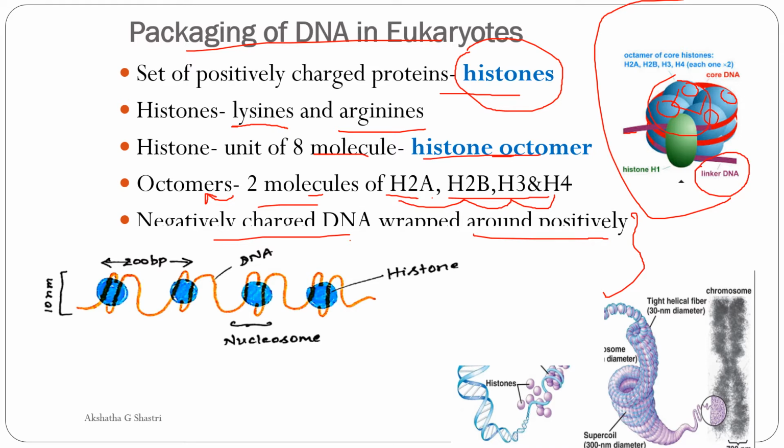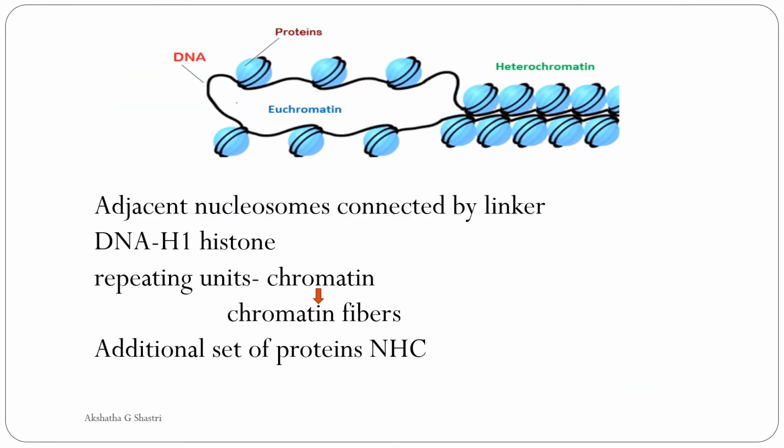Adjacent nucleosomes are connected by a short stretch of DNA, known as linker DNA. This is one nucleosome and this is another nucleosome, and the connection between one and another is only because of the presence of the linker DNA.